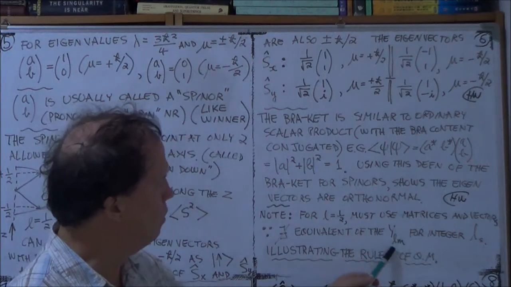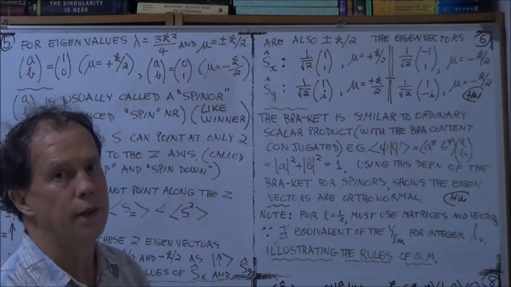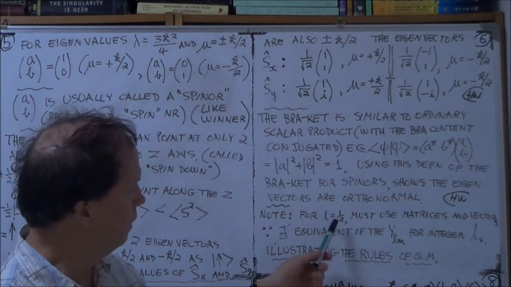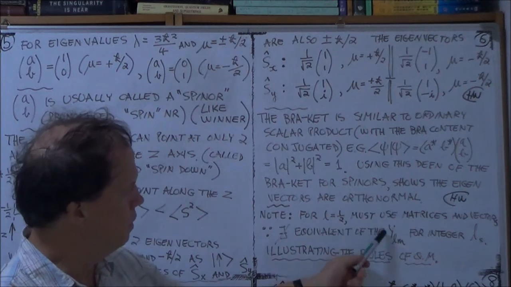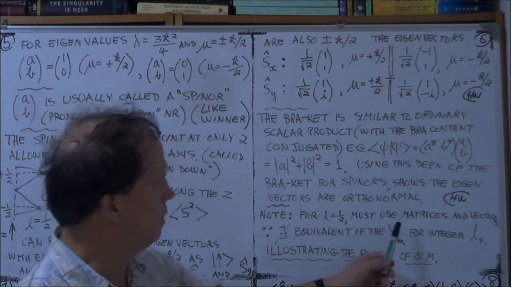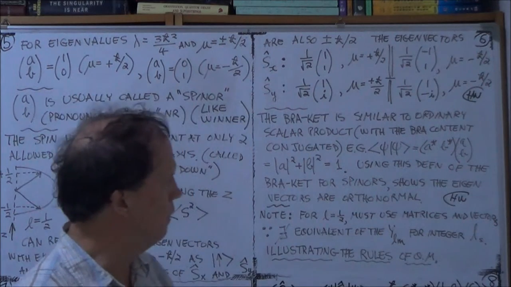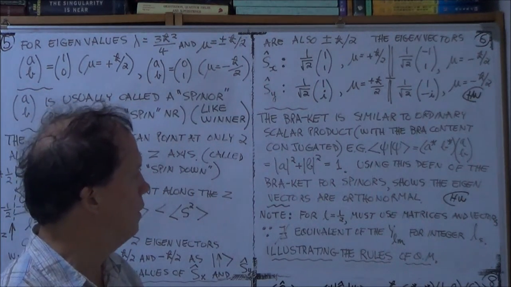If you use your spherical harmonics, you end up proving your L is integral. But that's not what we're doing. So virtually all we can use is the matrices and vectors, spinners approach.